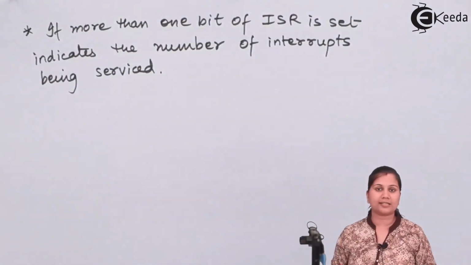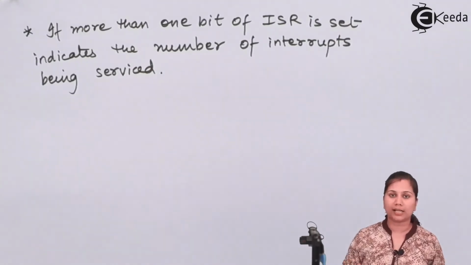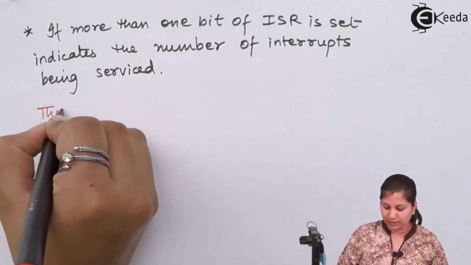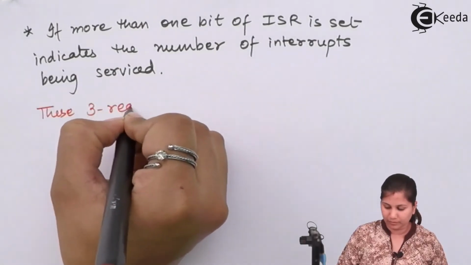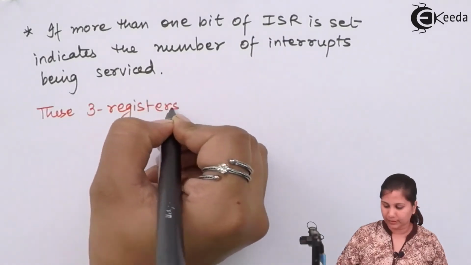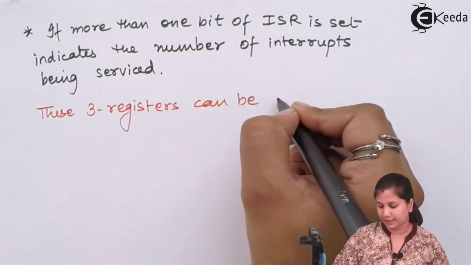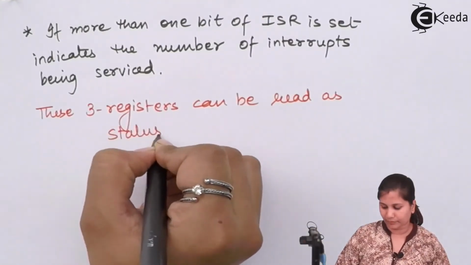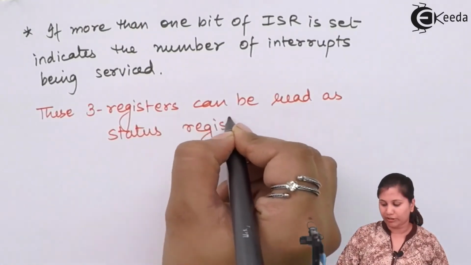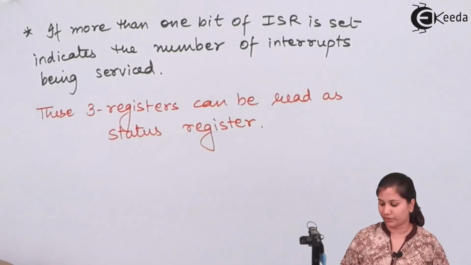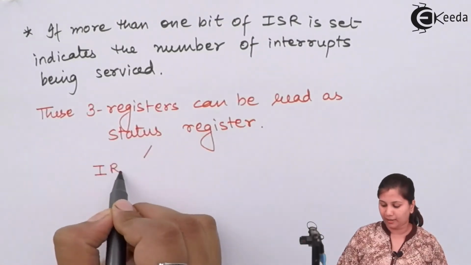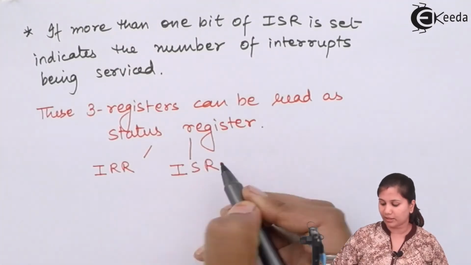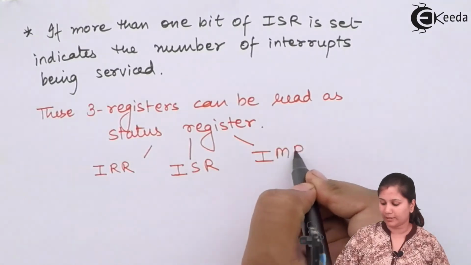So these three registers can be read as status registers. They combinedly form the status register. First is IRR, the interrupt request register. Second is the in service register, and third is the interrupt mask register.